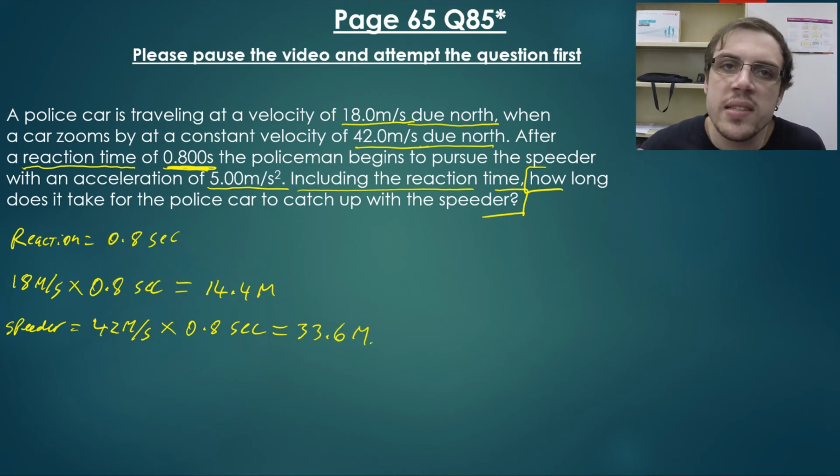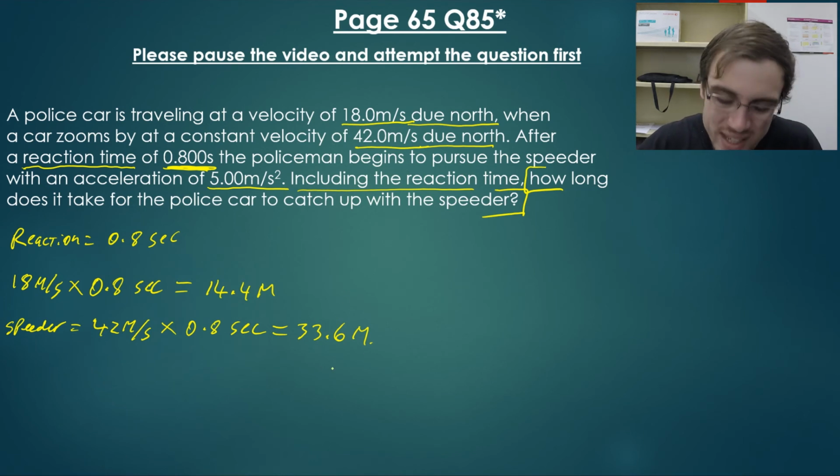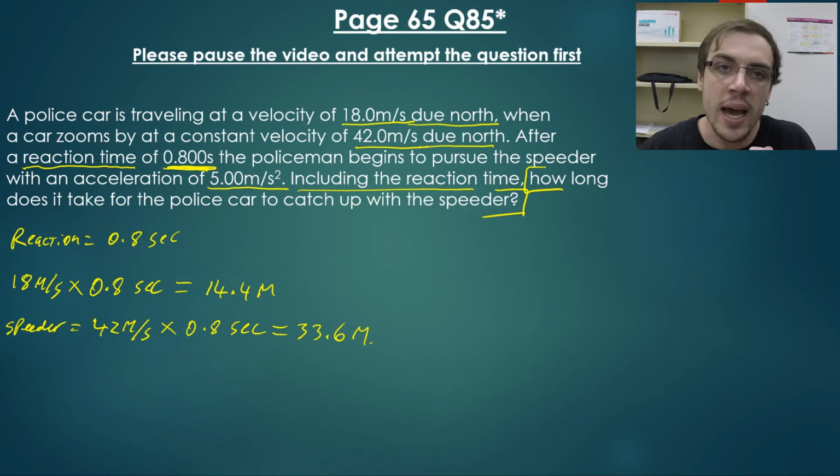So what this is telling us is that the cop was going at this constant velocity for 0.8 seconds until he put the pedal to the metal and started to give chase. During that time when the cop was reacting, he traveled 14.4 meters, but the speeder traveled 33.6 meters. So this is going to be our initial distance covered.